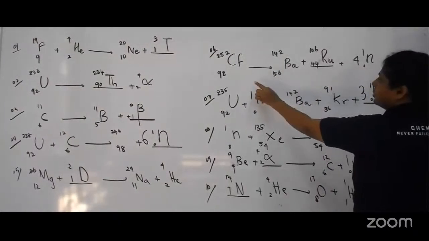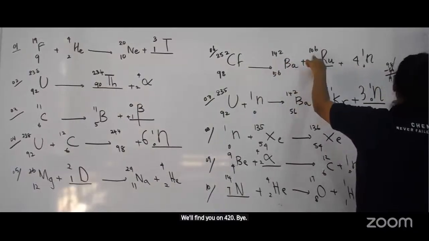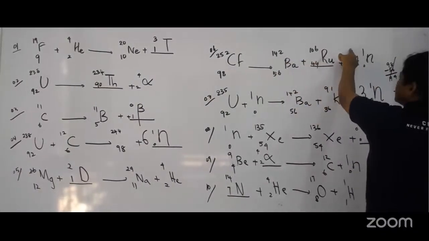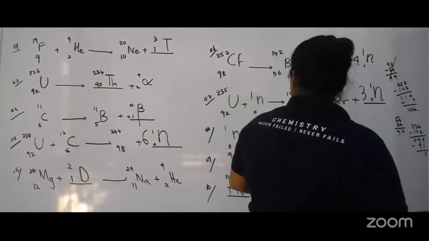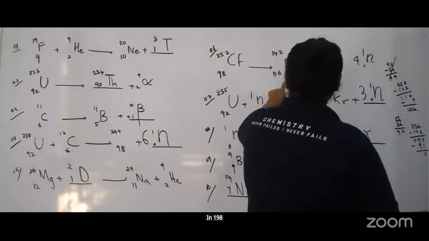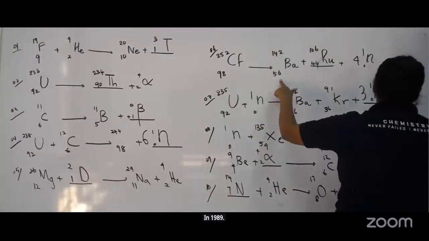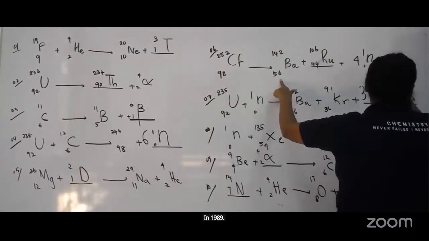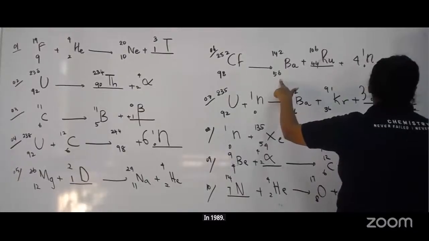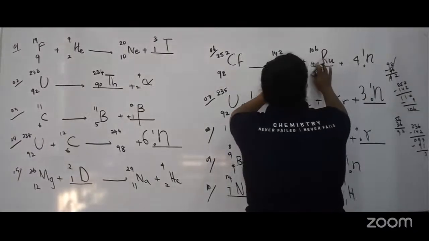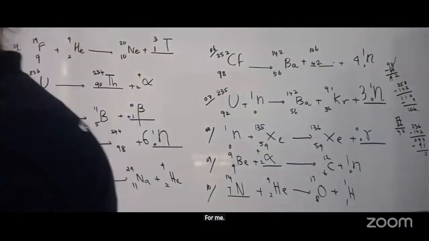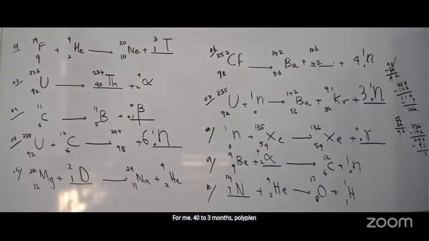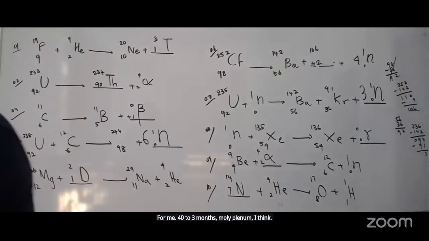Right. 1, 0, 6. 90, 42. The 42 element is molybdenum, I think. Yes, molybdenum.